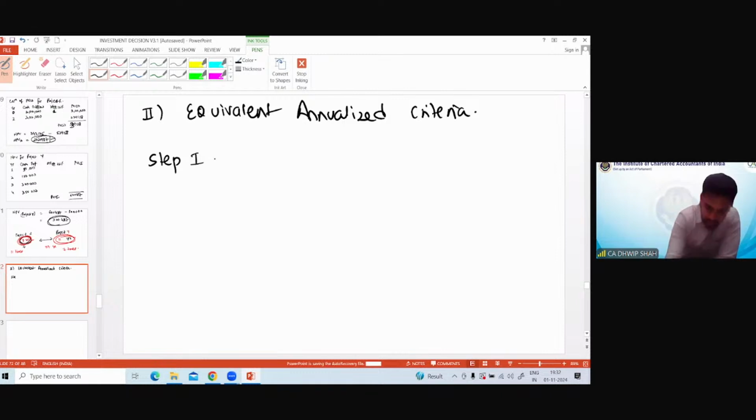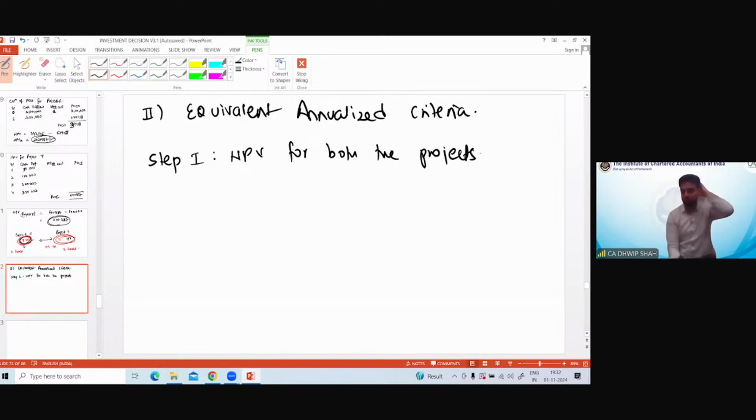Step 1 is calculating NPV for both the projects. This is a very simple method. You calculate NPV for both. ठीक है? Very simple. NPV for project X and NPV for project Y. Step 2.